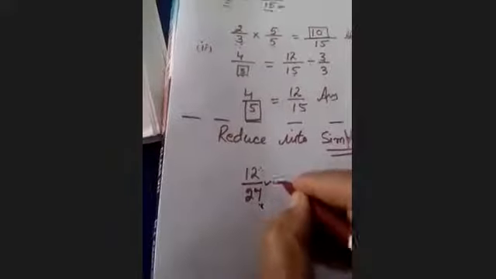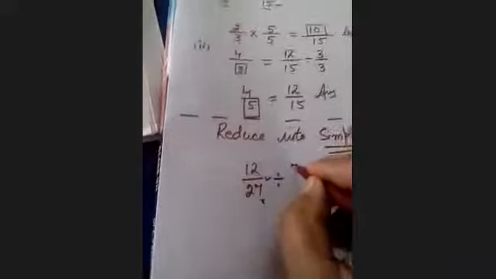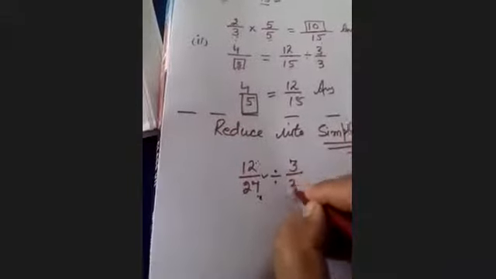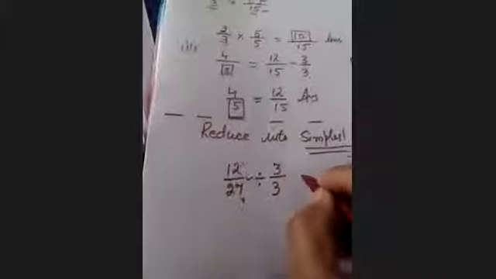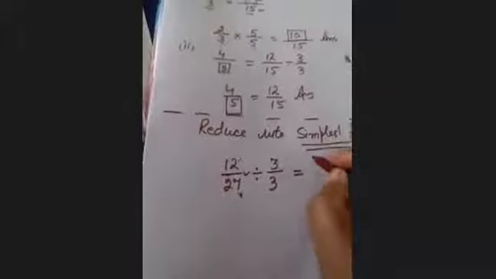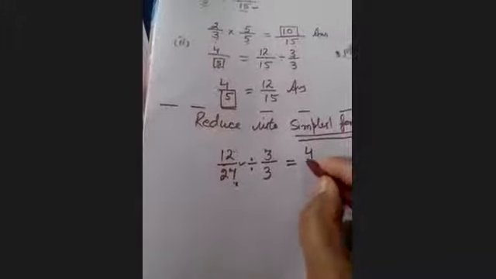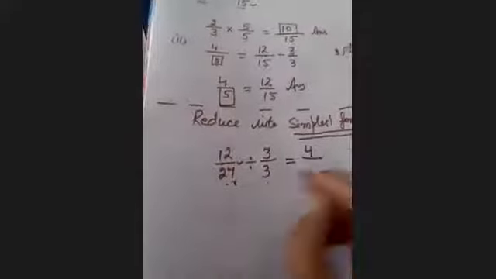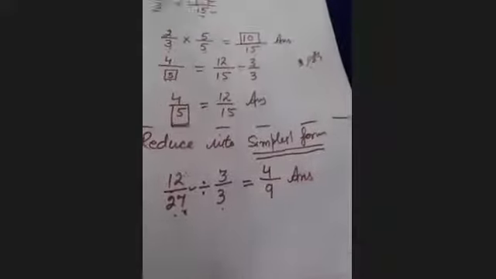So we will divide the numerator as well as the denominator by 3. Divide by 3, divide by 3. 12 divided by 3, we get 4. And 27 divided by 3, we get 9. So our answer is 4 upon 9.